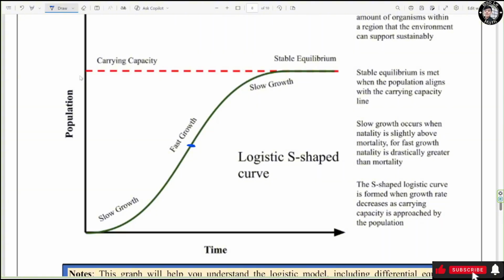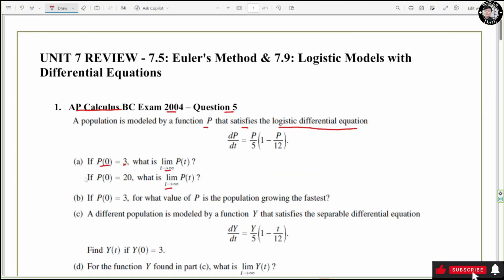So for example, the distance from here to here is the carrying capacity. It's gonna be like 20, so the logistic curve grows fastest when it's at 10, half of 20. Now we're gonna go back over here.